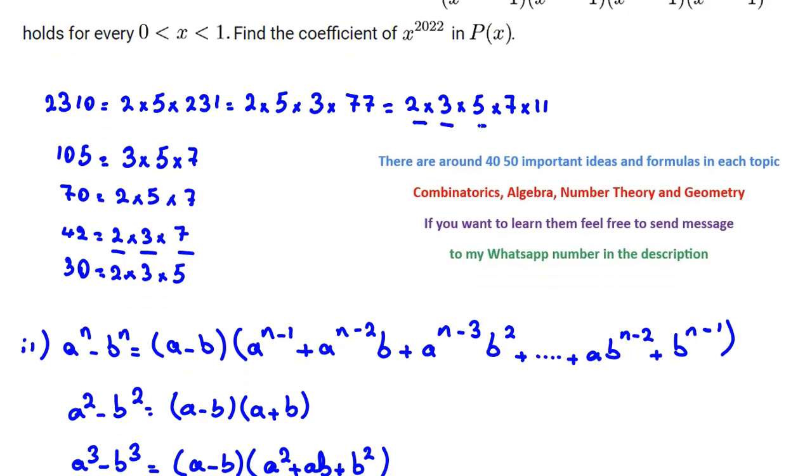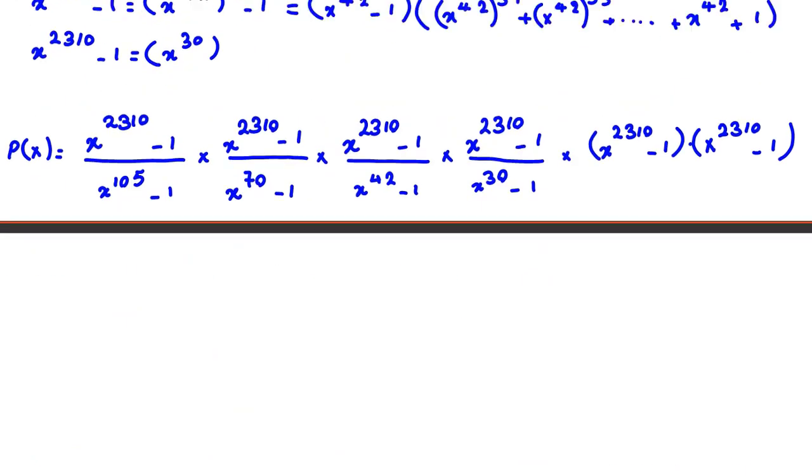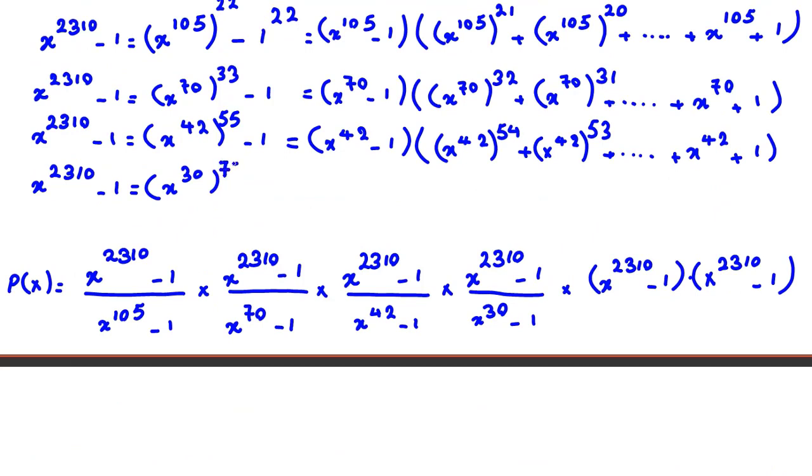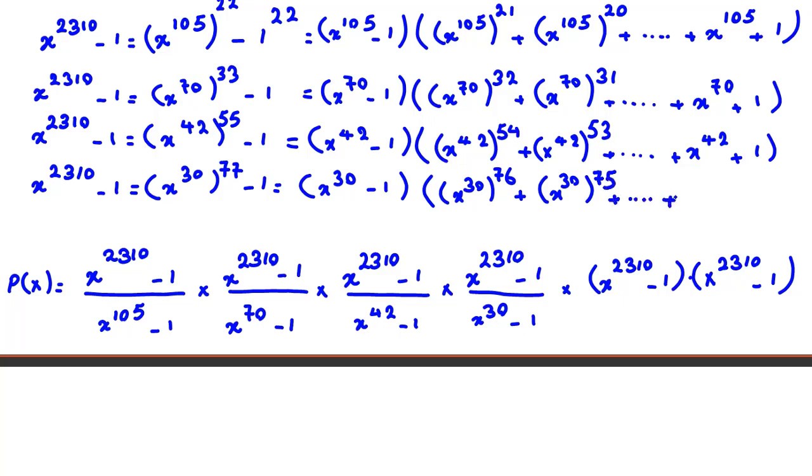Let's see, 235, 7 times 11, 77. 77 minus 1 equals x to the 30 minus 1 times x to the 30 to the power of 76 plus x to the 30 to the power of 75 plus 2 x to the 30 plus 1.